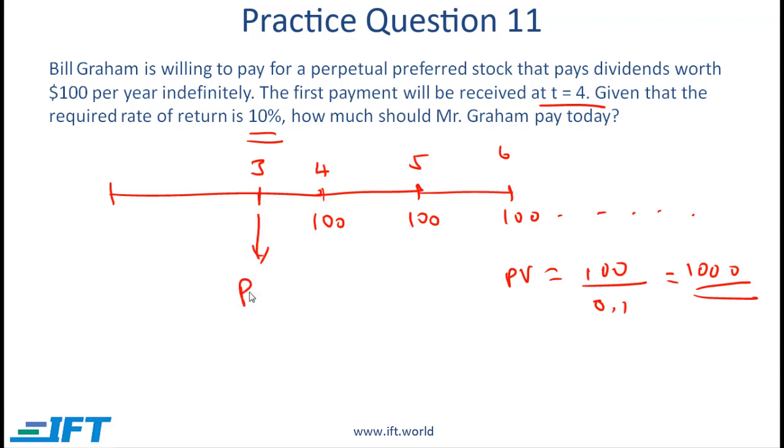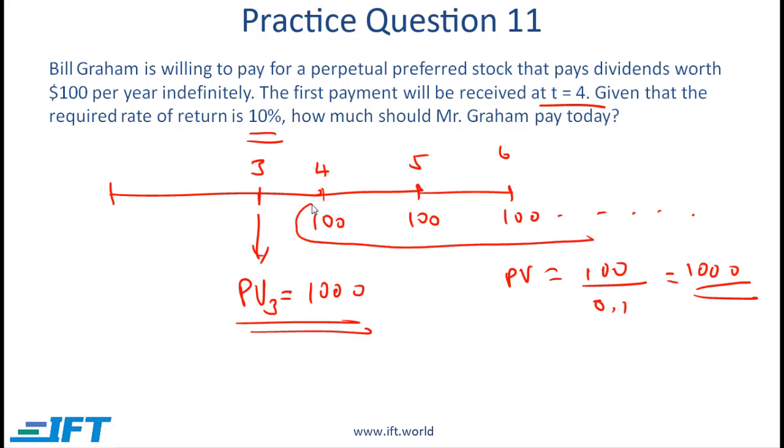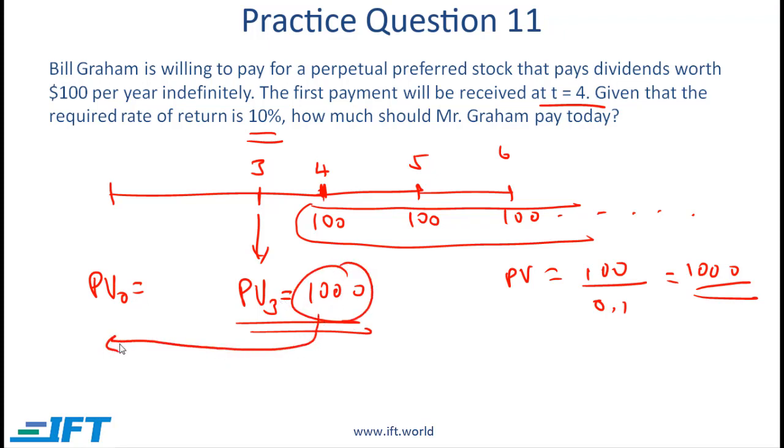So the present value at time 3 is equal to 1000. This value of 1000 is equivalent to all these cash flows which start at the end of year 4. We want to know what is the present value at time 0. So that is simply going to be 1000 discounted back 3 periods.